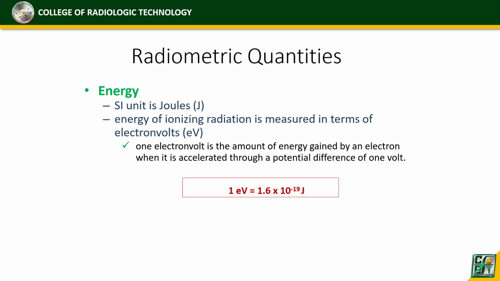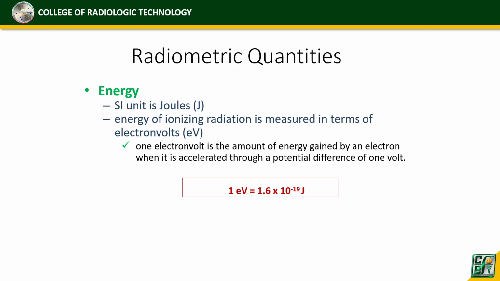So, ang isang electron volt daw ay amount ng energy na nag-gain ng isang electron kapag ito ay nag-accelerate, sa pamamagitan ng energy potential na kanyang difference sa isang voltahe. Okay? Kaya siya ay eV.